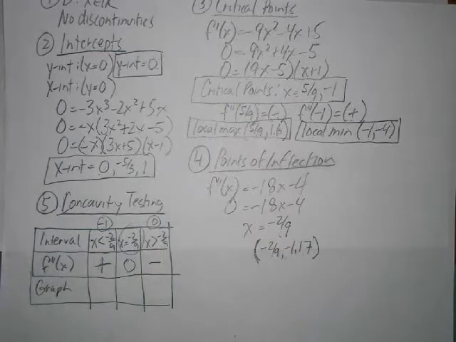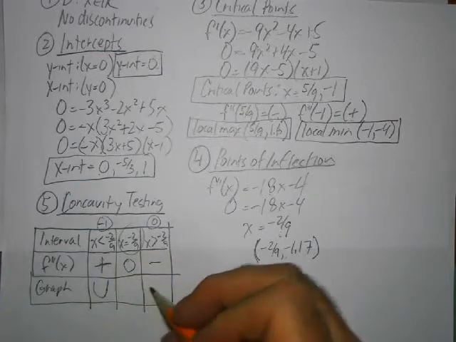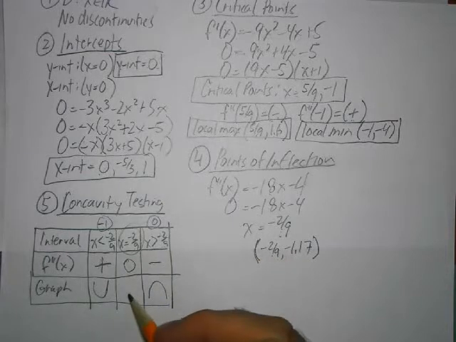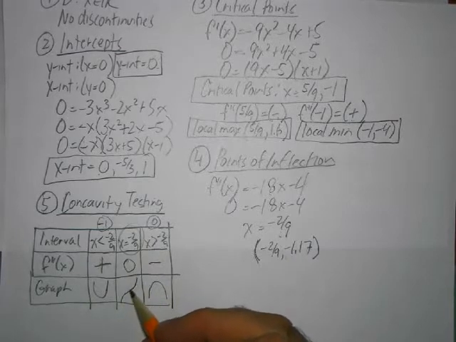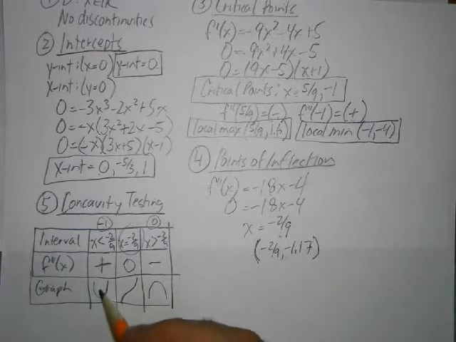Positive value means concave up, negative value means concave down. And what would this look like? Well, this would be starting up there and going up so that these two can actually connect. So it basically starts with this side and connects to this side.